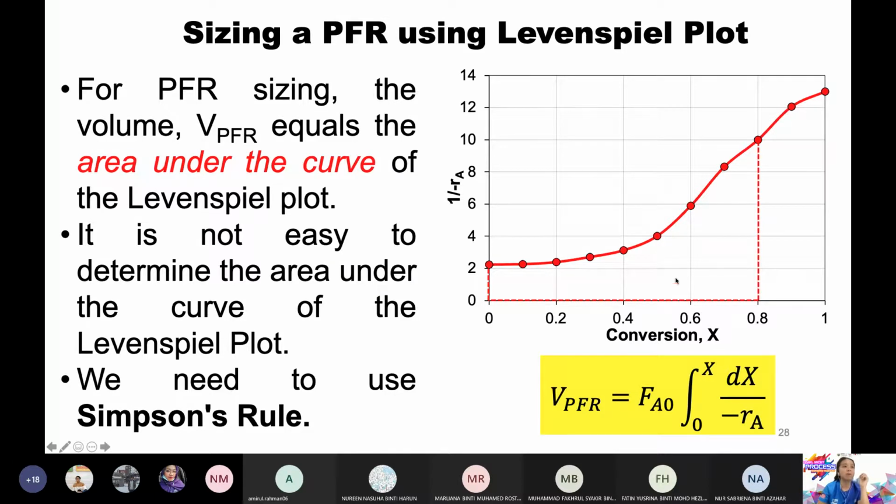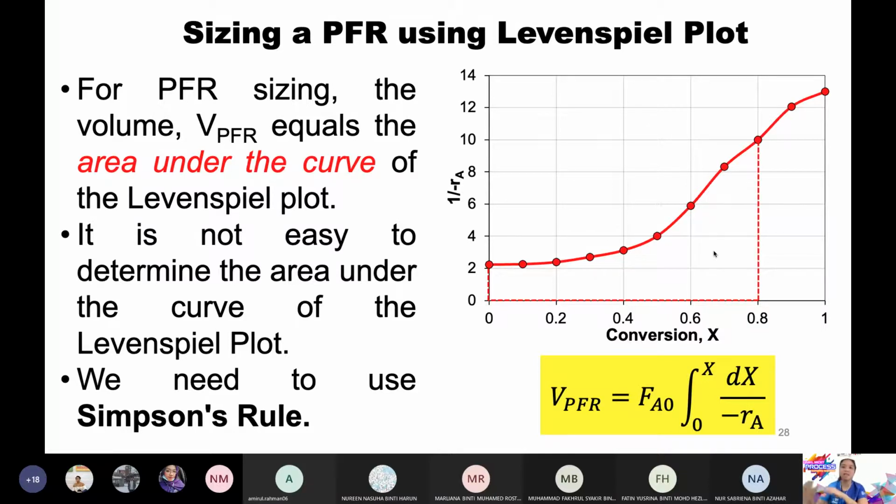So, kalau kamu nampak plot yang dalam slide saya ni, the area under the curve that I'm showing you is equal to the volume of your reactor. So, kamu sendiri boleh tengok kan? It's not easy to calculate, right? Nak kira luas ni tak senang kan. Kalau CSTR luas segi 4, easy to calculate. But this one is area under the curve, of which is not that straightforward to count or to determine. Okay, so your question will be then macam mana kita nak kira?